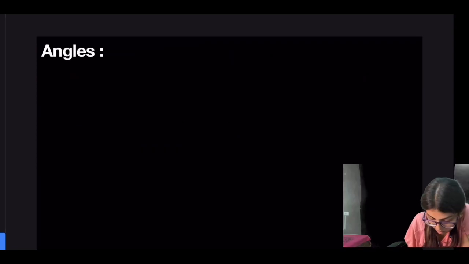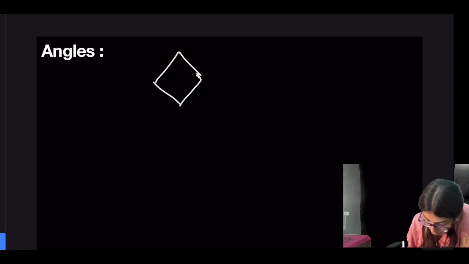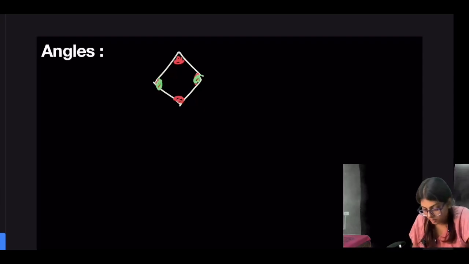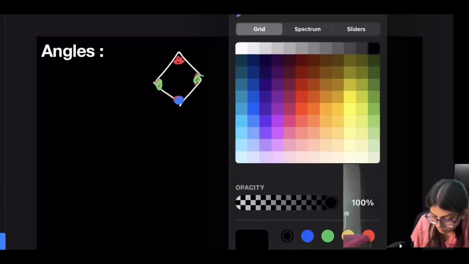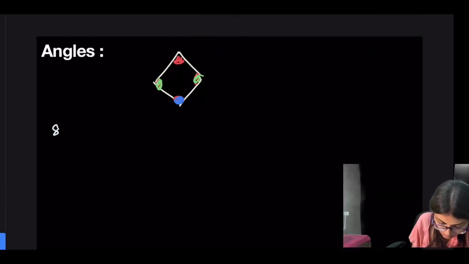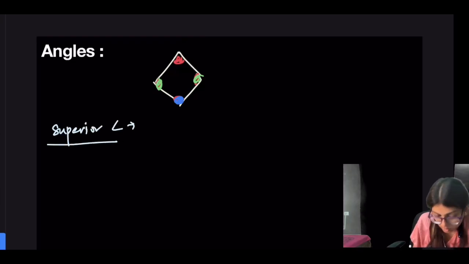We have already seen the fourth ventricle is a diamond-shaped structure. This is our superior angle, this is our inferior angle, and this is our lateral angle. The green one is the lateral angle, the blue one is the inferior angle, and the red one is the superior angle. The superior angle is continuous with the cerebral aqueduct.